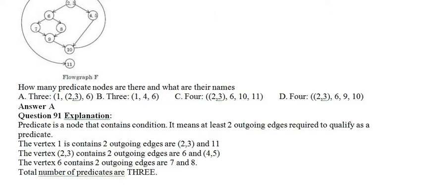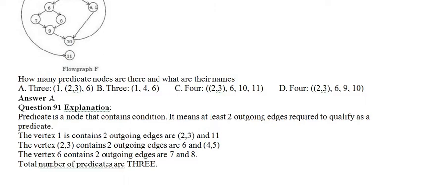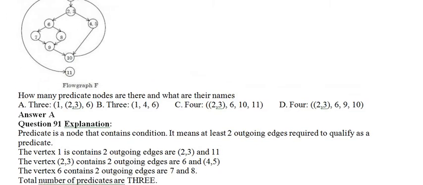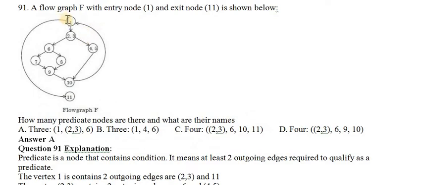Now we want to know what a predicate node is. A predicate node is a node that satisfies the following condition: it should have at least 2 outgoing edges. Now, coming to this one, this is the entry node, and this the exit node. If you take node 1, are there 2 outgoing edges?